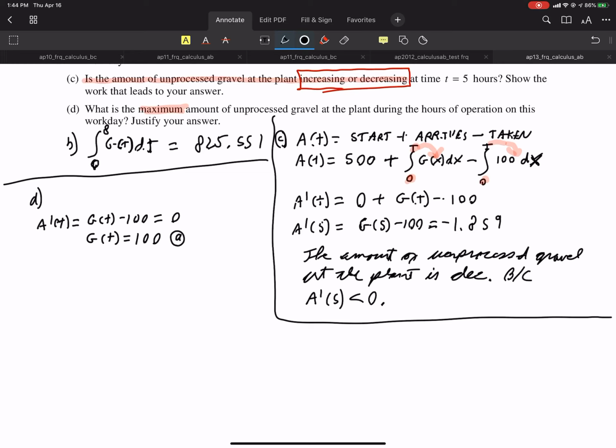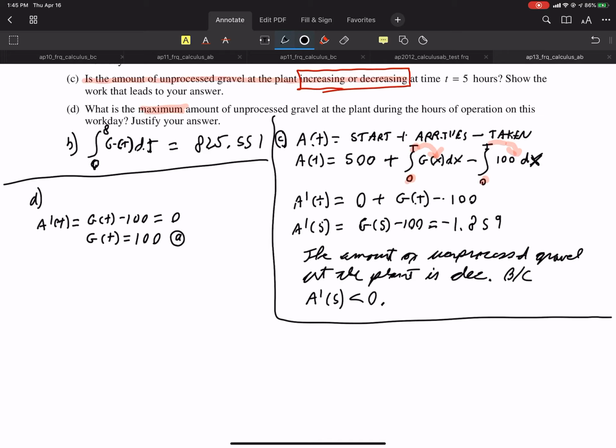So you need to set up your windows. So hit your window button, and your x min is 0 because it starts at 0, the time, and your x max is 8 because it ends at 8 hours. The amount of gravel, we want to know when they equal 100, when g of t equals 100. So my minimum, I can start at 0. My max is any number over 100.